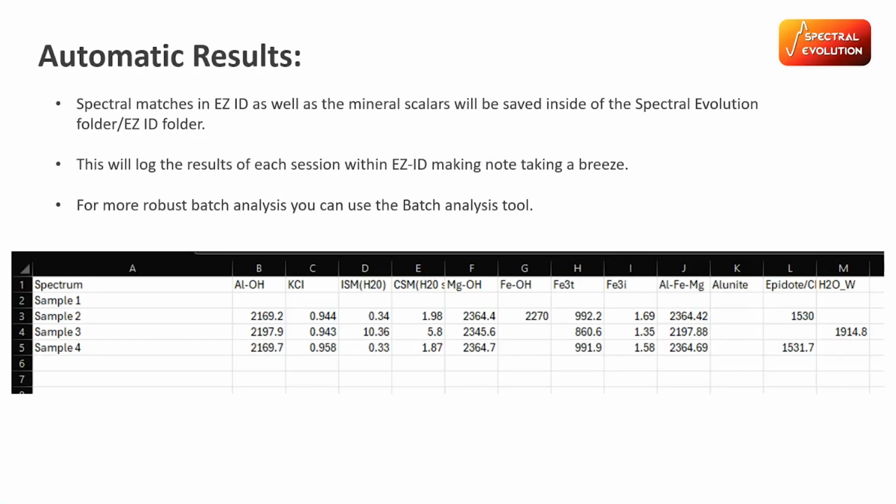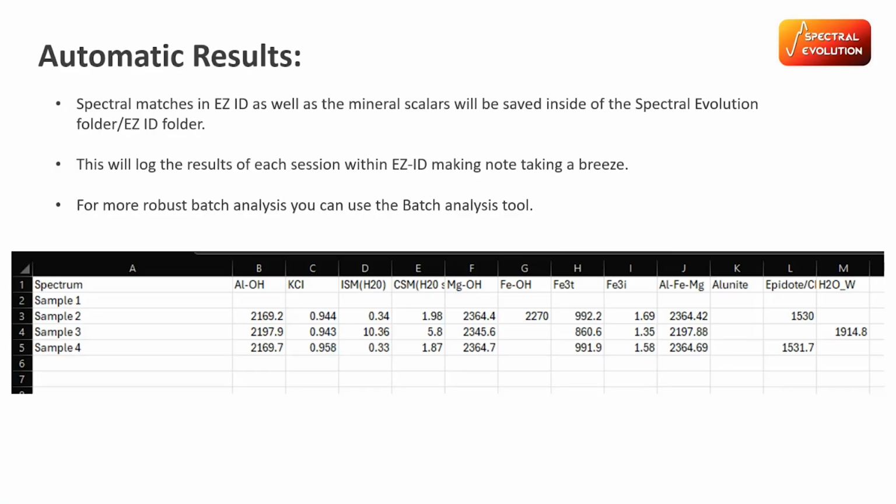So this is what those automatic results look like. I had a session where I scanned 4 different samples, one of which was a white plate. So it had very few or no features on it, so it doesn't actually get any features or results from that. So it's able to identify that's not a valid response for these different scalars.